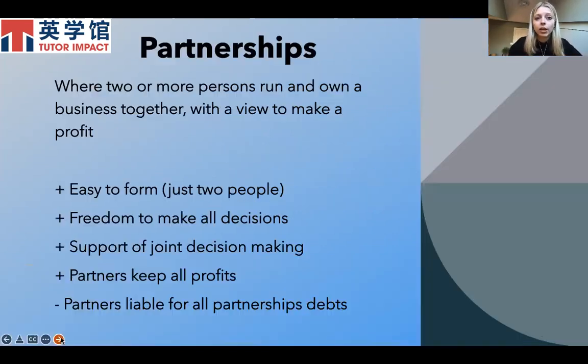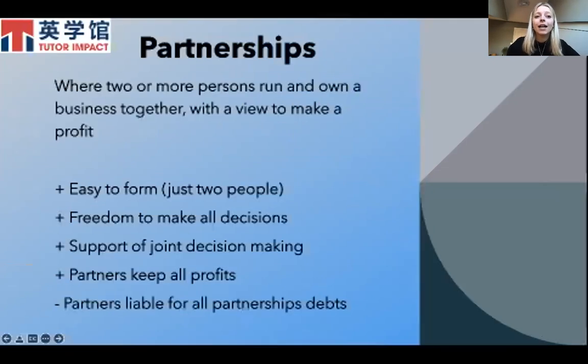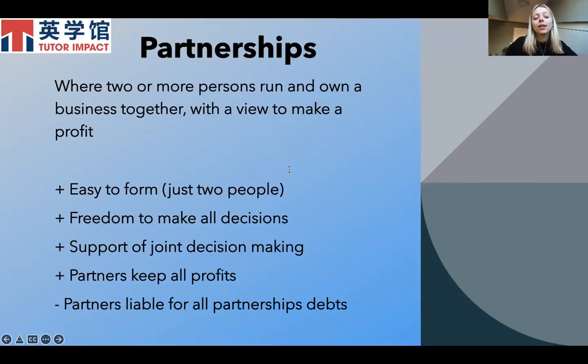So that is the sole tradership, and we're now going to look at partnerships. As we said before, a partnership is where there are two or more people running and owning a business together with a view to make a profit. As with the sole trader, it's very easy to form as it only requires a minimum of two people, and those two people or more have the freedom to run it as they see fit.